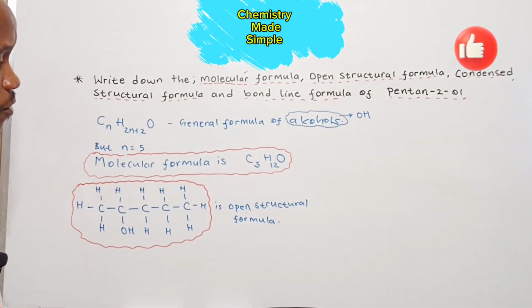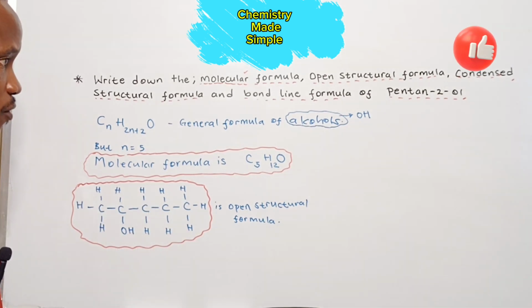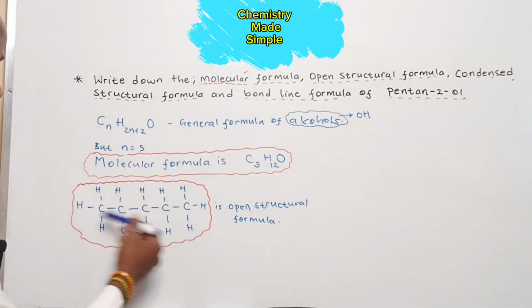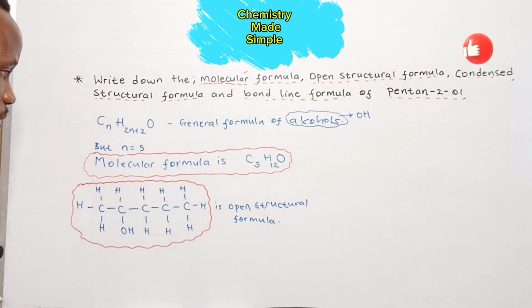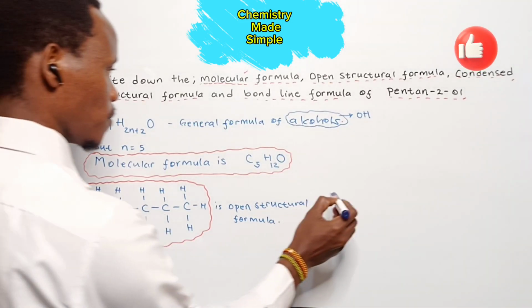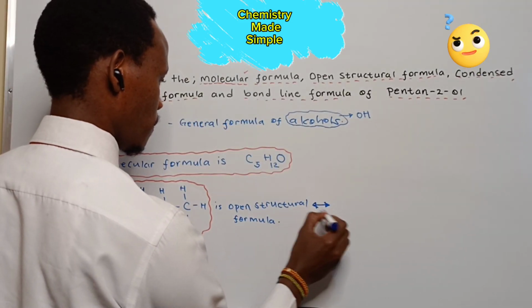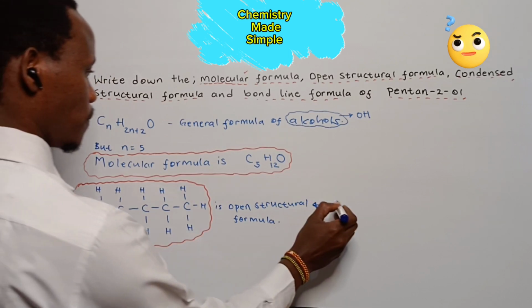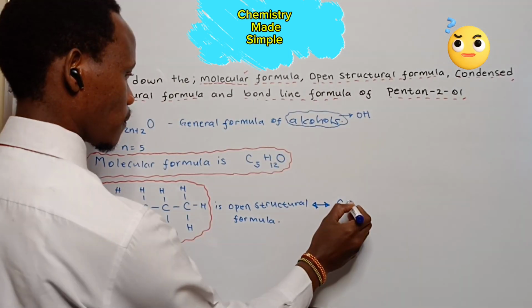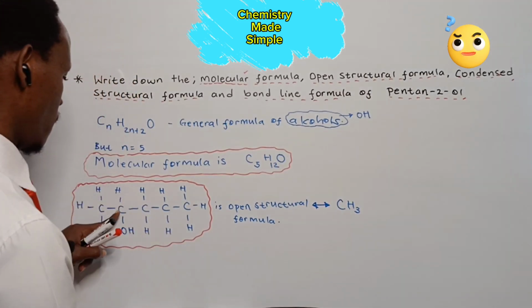Remember, the definition of the condensed structure formula is that it does not show the bonds, it just shows the series arrangement of the elements that are in the compound. So from this, the first carbon is attached to 3 hydrogens.